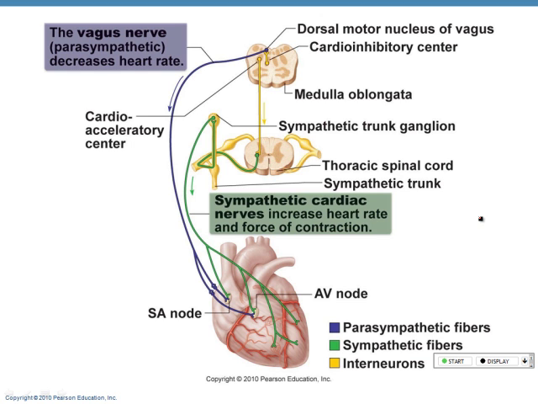Speeding things up. So when I find out that there are hermits being sold in the bookstore, who's going to kick in? Sympathetic. Sympathetic cardiac nerve's going to do what to my heart rate? How come? I need more oxygen for my muscles so I can run to the bookstore and get my hermits. Yes?